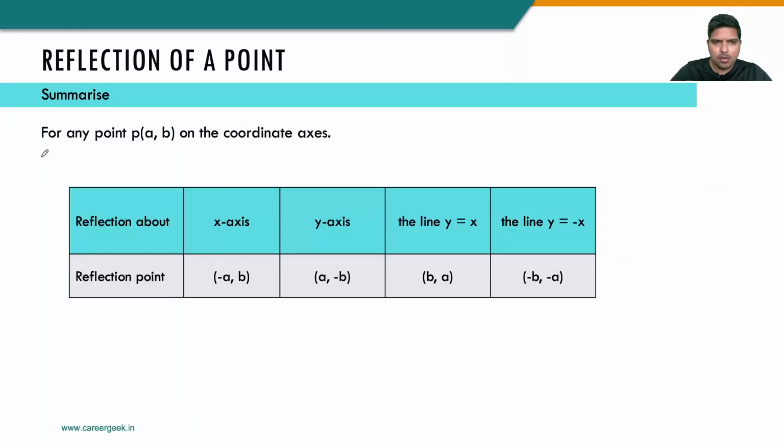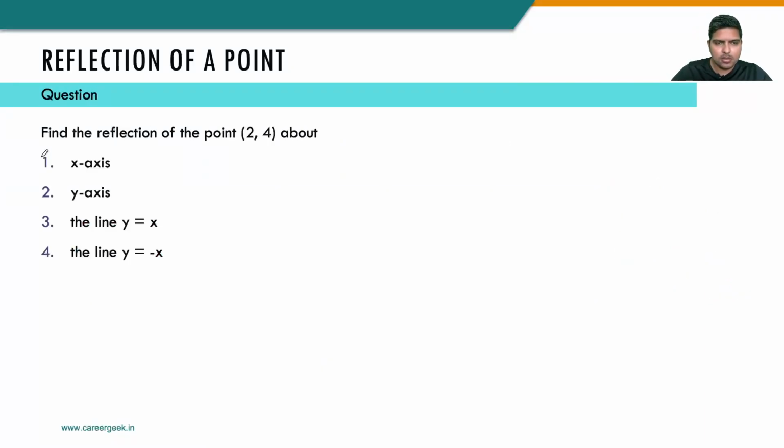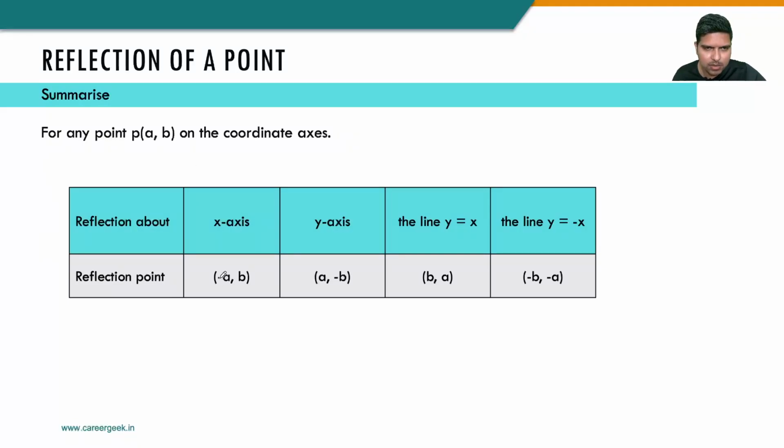So you can make a note of this. It's a comma negative b, because about x-axis y becomes negative, and about y-axis x becomes negative, right? And the rest two are the same.